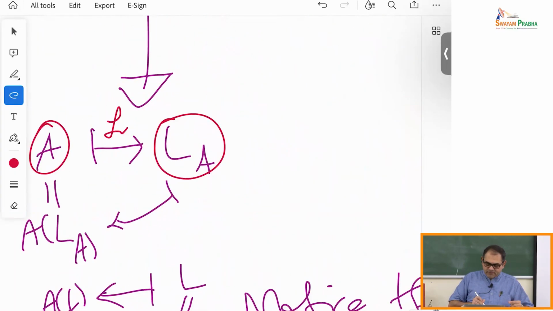Then you apply the inverse map, script A, and you get script A of L_A. And the fact is that script A of L_A should be equal to A.